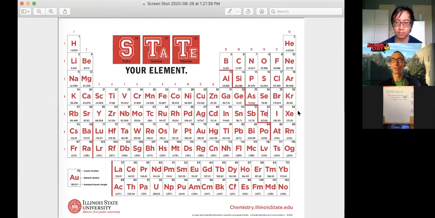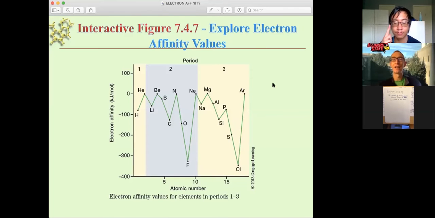Here across the top, here's helium, here's neon, here's argon, and they actually have slightly positive electron affinity values, which means that there's no way they are getting electrons added to them. And so they have very, very low electron affinity values because they don't really want to take electrons. And so they're up here at the top of this chart.